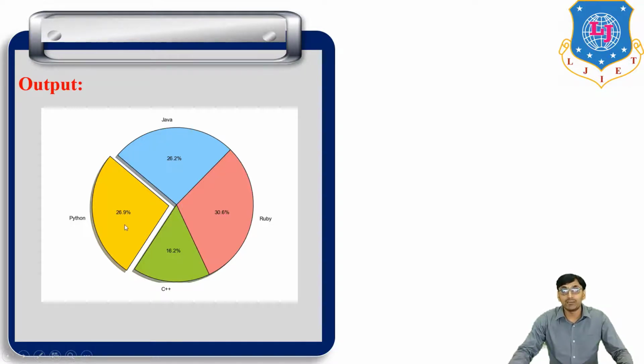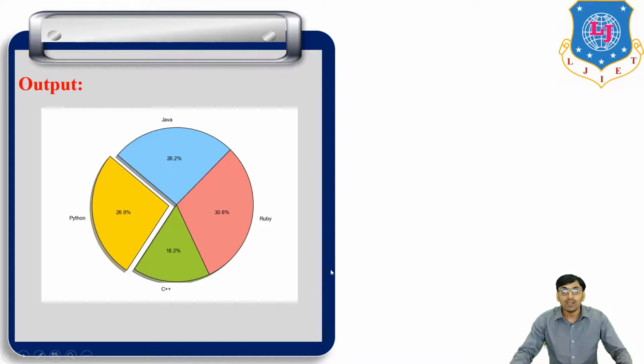Okay, the first element contains 26.9 percent. This is the percentage value of the second, this of the third and this of the fourth. And shadow is true. And this first element starts at 140 degrees from this axis. This is the first element, so this angle is 140 degrees.